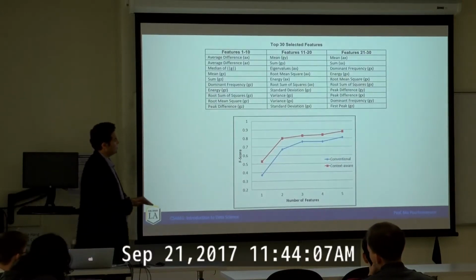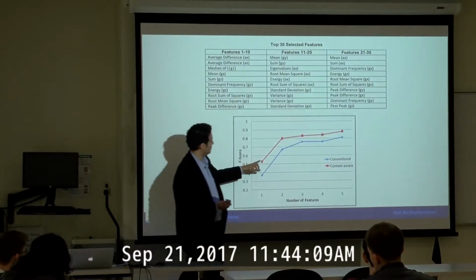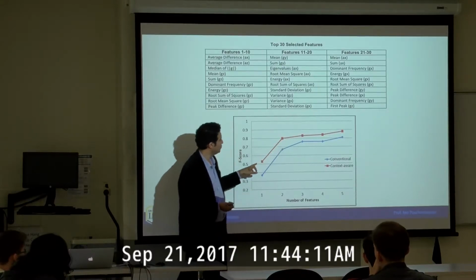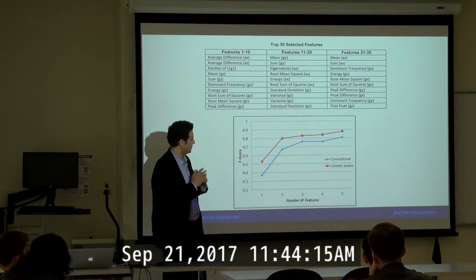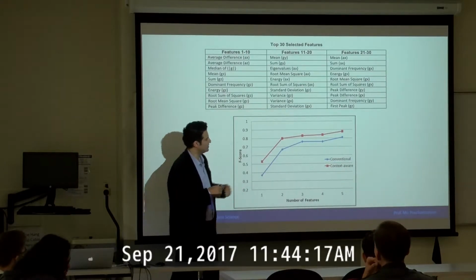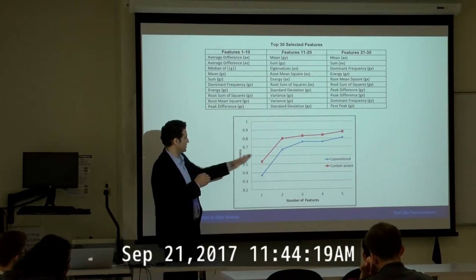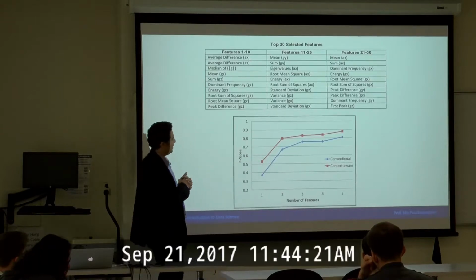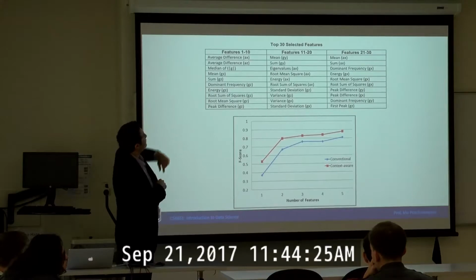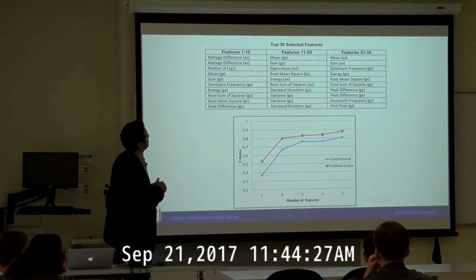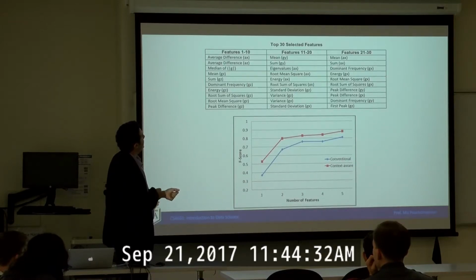So this is an example. This is the accuracy of the model when we do context aware, when we take into account location and time. The blue one is just the conventional technique. As you see, the accuracy is higher. These are the best types of features that we used in this case. For example, the first one, average difference. AX means accelerometer.